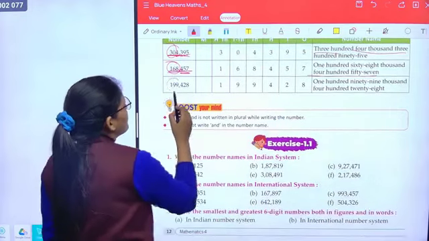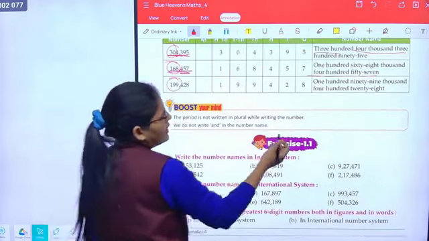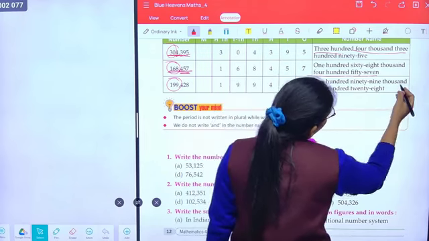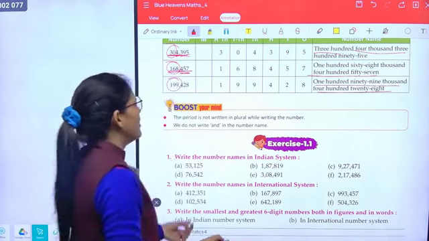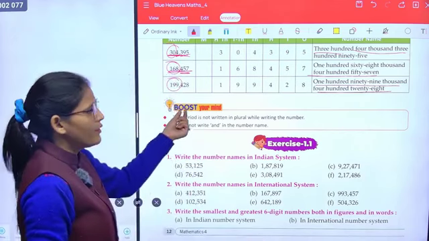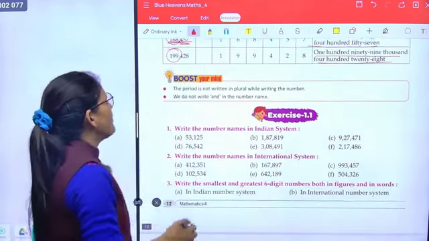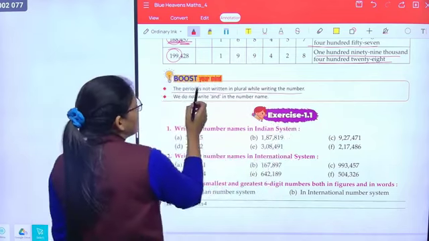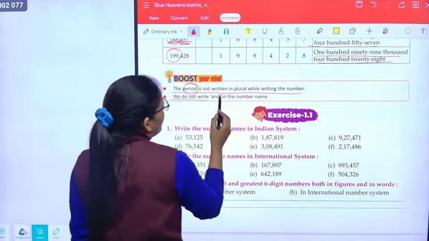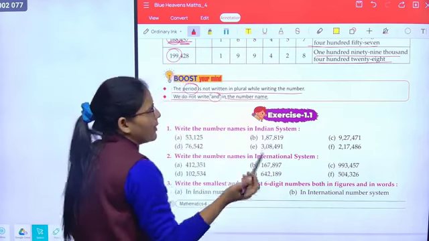Now it is 199,428. The period is not written in plural while writing the number. हम period को plural में नहीं लिखते हैं. We do not write 'and' in the number name. Okay.